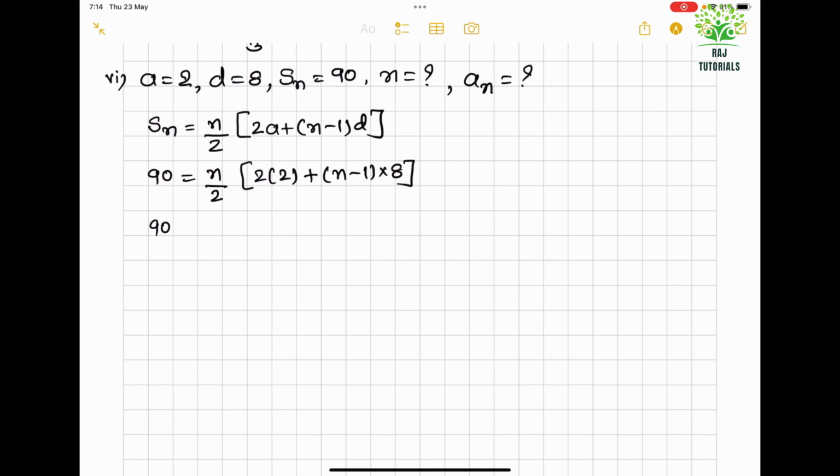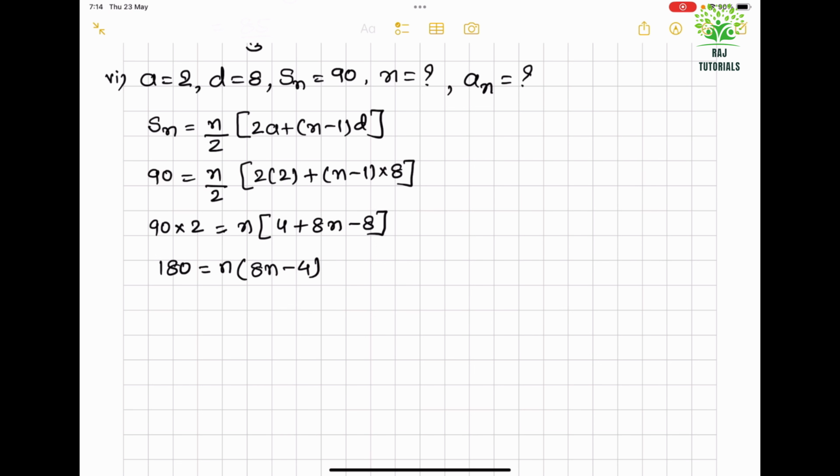So 90 into 2 equal to n into 4 plus 8n minus 8. So 180 equal to n into 8n minus 4.